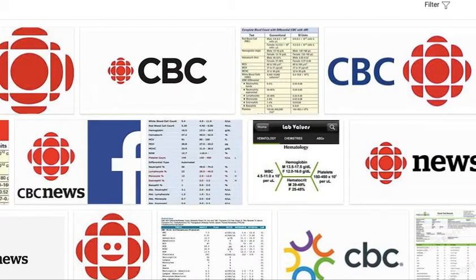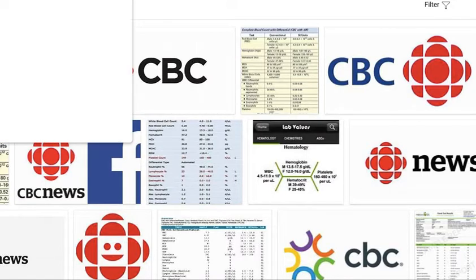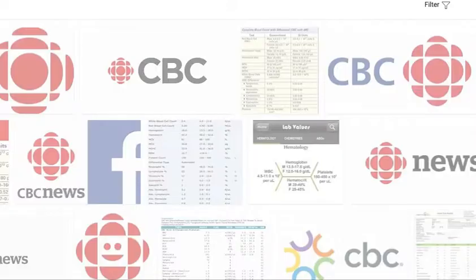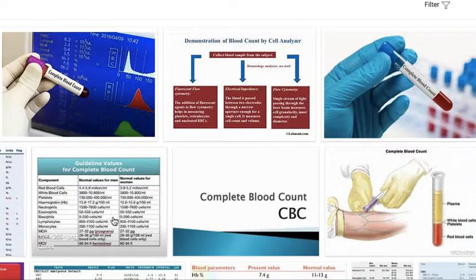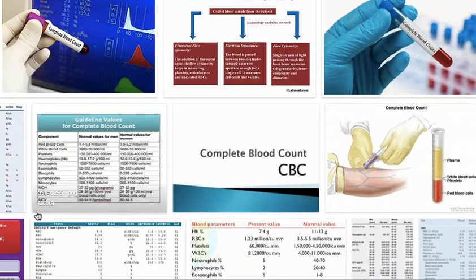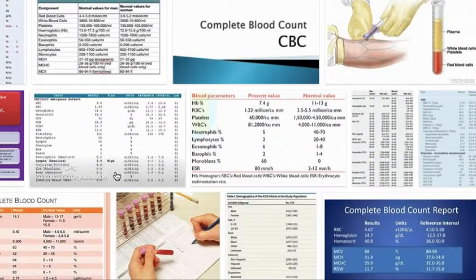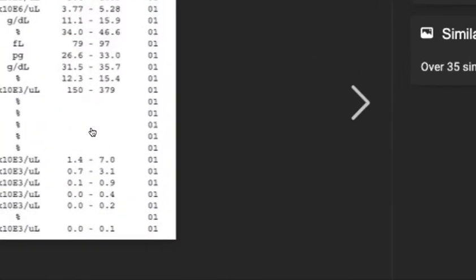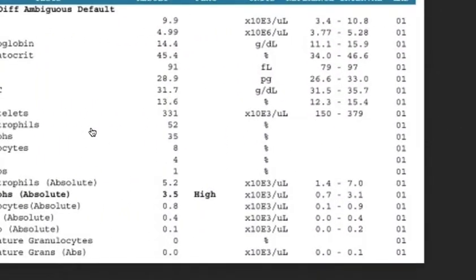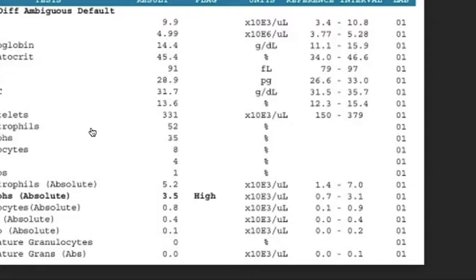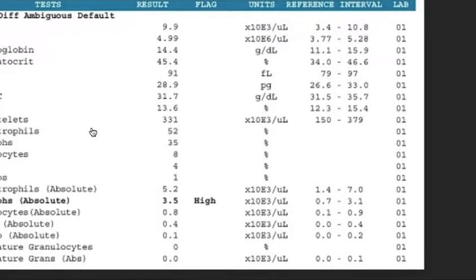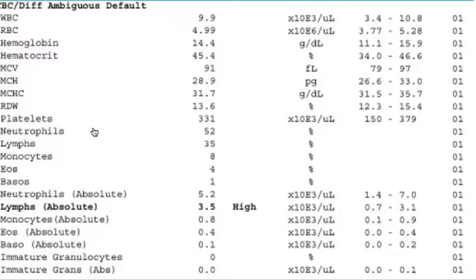Images, oh sorry, complete blood count. Okay, so I wanted to show you the real one, yeah, this one looks nice. As you can see over here, we had discussed the same report, which I showed you before as well.